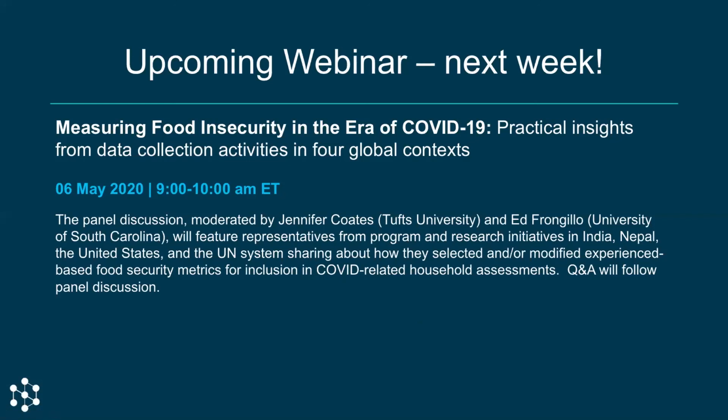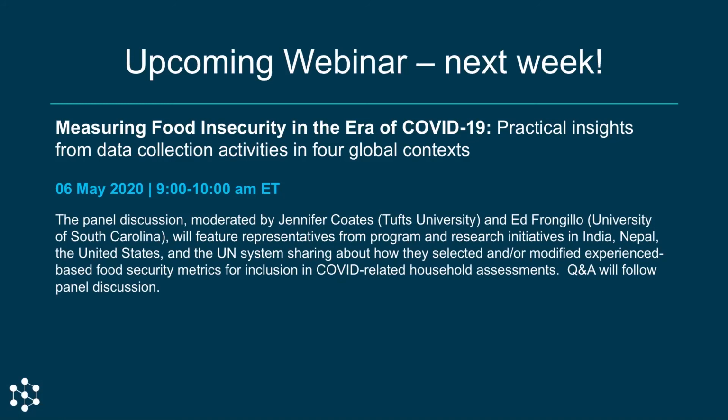We were intentional about keeping this DVT webinar, which we've been planning for a long time, because we think some of us are hungry to not always be thinking about COVID, although we also know that COVID presents some interesting measurement issues. Next week on Wednesday, we're going to have a really exciting webinar that was inspired by the Agriculture to Nutrition Community of Practice discussion several weeks ago about the implications of COVID for agriculture and nutrition pathways.